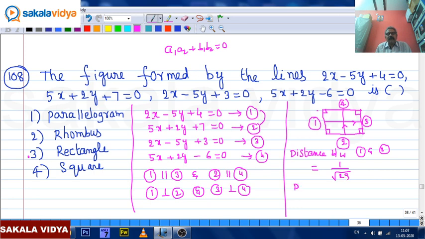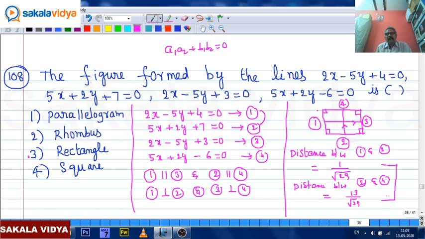Now 1 and 3 is completed. Now 2 and 4: the distance between 2 and 4 is 7 plus 6, that is 13 by root 29.